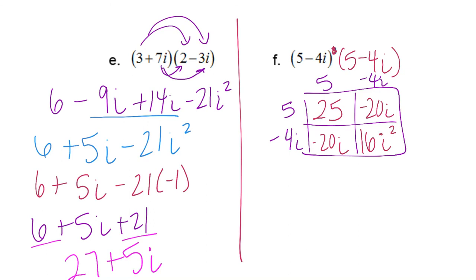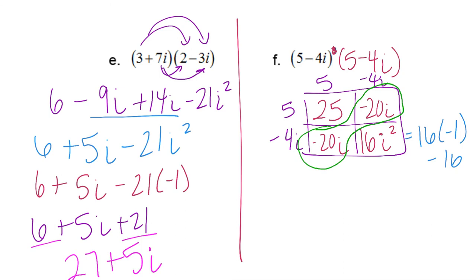Now, some of you may be able to say right here that this is 16 times -1, so it's -16. So then we can combine our like terms. We're going to combine these like terms as well.